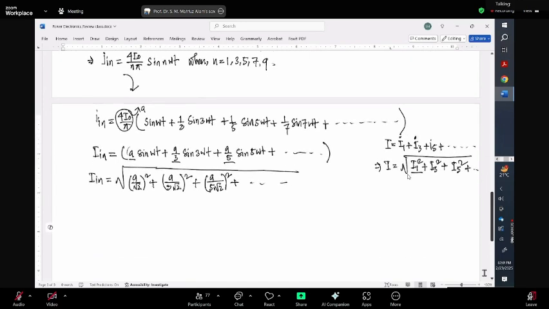So if I take A by √2 out of the equation, then what would my equation be? It would be 1 plus 1 over 3 whole square plus 1 over 5 whole square, and so on and so forth.